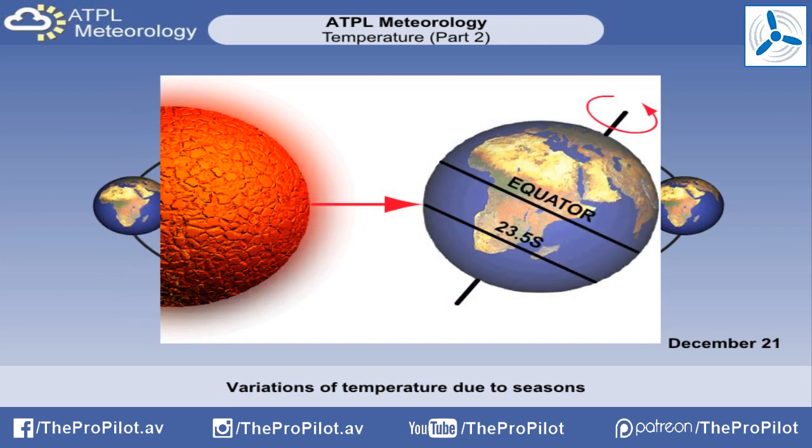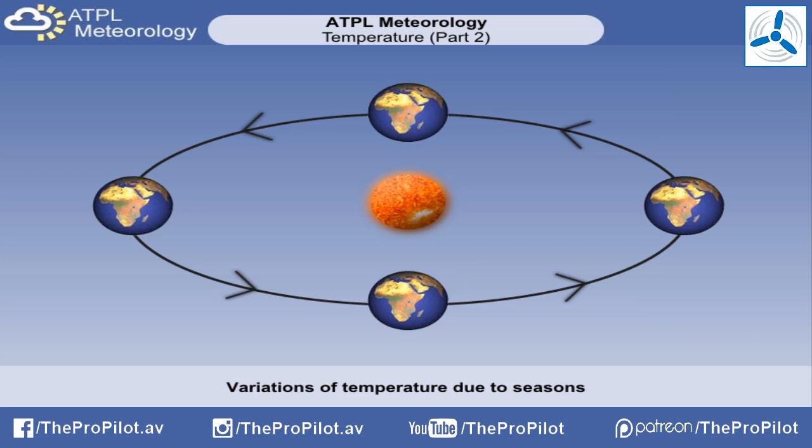Similarly, on December the 21st, the Sun lies directly over the Tropic of Capricorn, and the Southern Hemisphere is in its summer season. As you can see, this affects the amount of radiation reaching the Earth's surface, and so has a direct effect on the temperature in the lowest layers of the atmosphere.